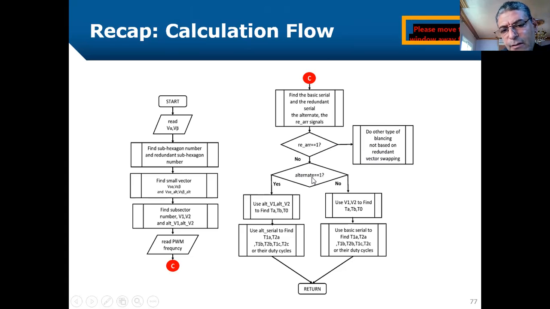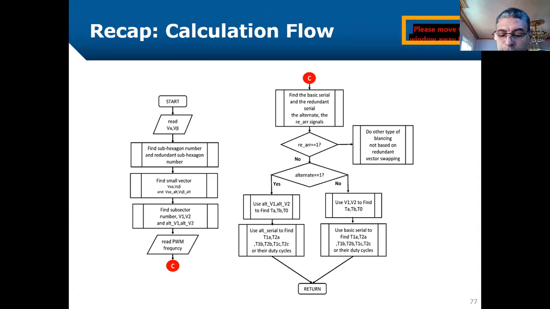If the alternate is equal 1, we apply the alternate vector. If it is equal 0, we apply the native vector V1 and V2 to obtain TA, TB, T0. Here, we use the alt serial to find T1A, T2B, T2A, and so on. The 6 duty ratios. Or we find the basic serial to find T1A, T2A, so the whole 6 duty ratios.